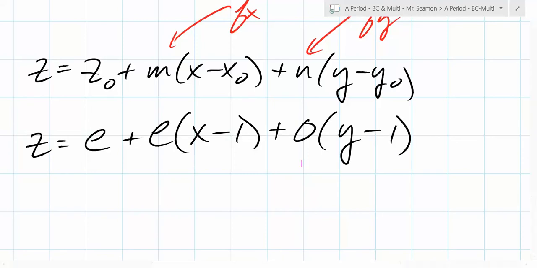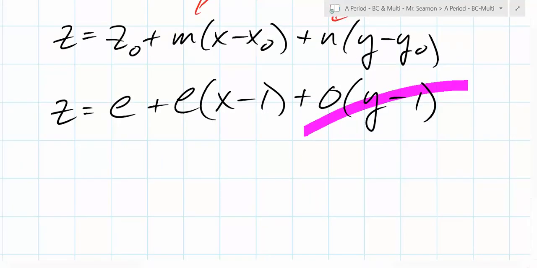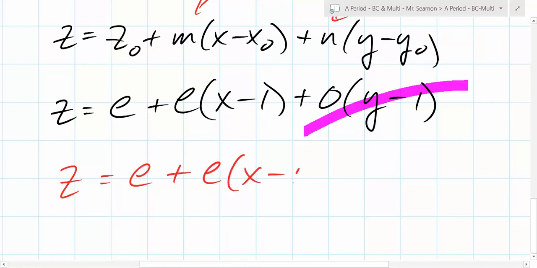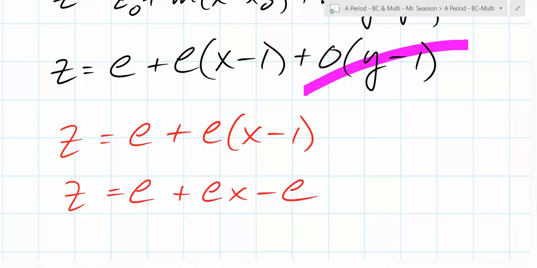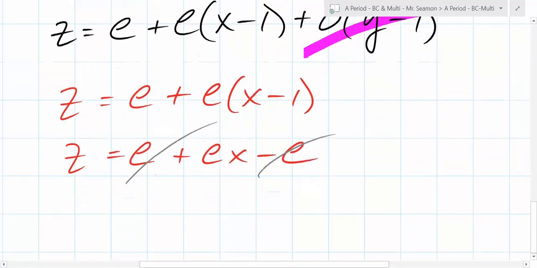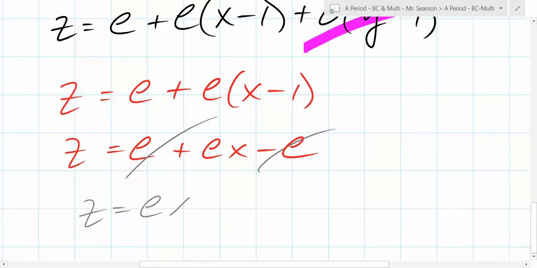But what goes away here? That goes away. And then z is equal to e plus e times x minus e. I'm just writing it out step by step. I sometimes like to overwrite. So e x minus what? That goes away. You're left with z is equal to ex. That's kind of cool.